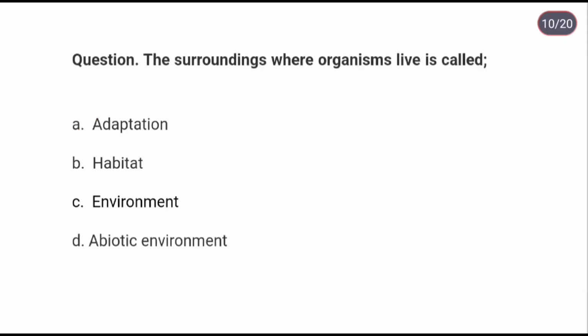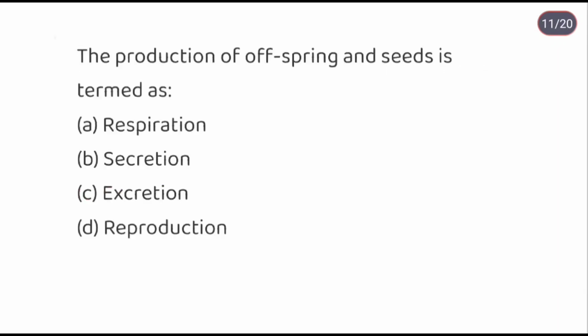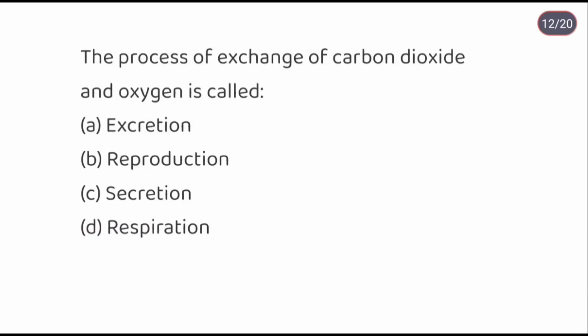The surroundings where organisms live is called environment. The production of offspring and seeds is termed as reproduction.